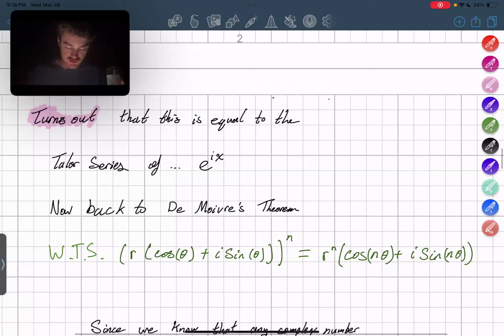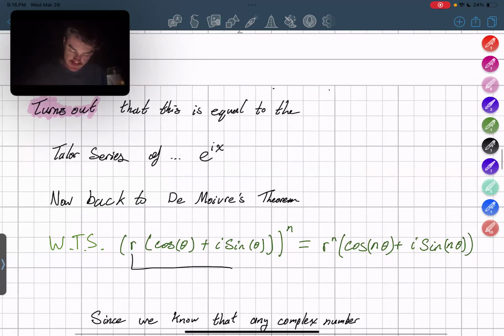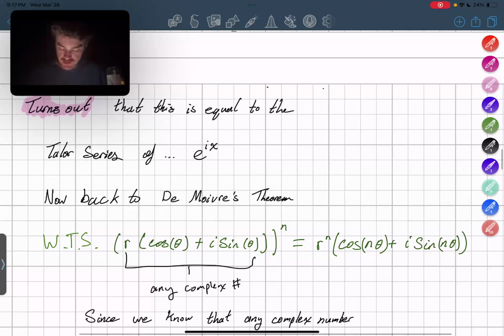We want to show that r times cosine theta plus i sine theta, which, if you'll remember, is a complex number. In fact, it's not just a complex number, it's any complex number. And we take that to the n, is going to be equal to r to the n times cosine n theta plus i sine n theta.